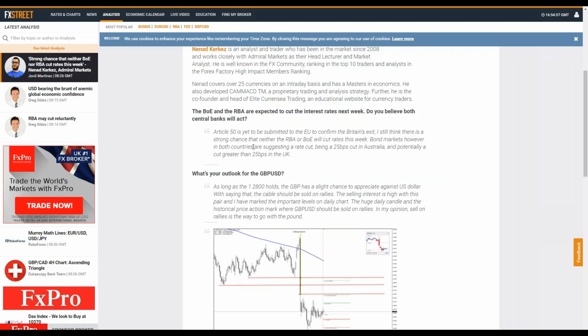Bond markets, however, in both countries are suggesting a rate cut, being a 25% cut in Australia and potentially a cut greater than 25 in the UK. So 25 BPS possibly, and in UK greater, but I'm not sure about it really.